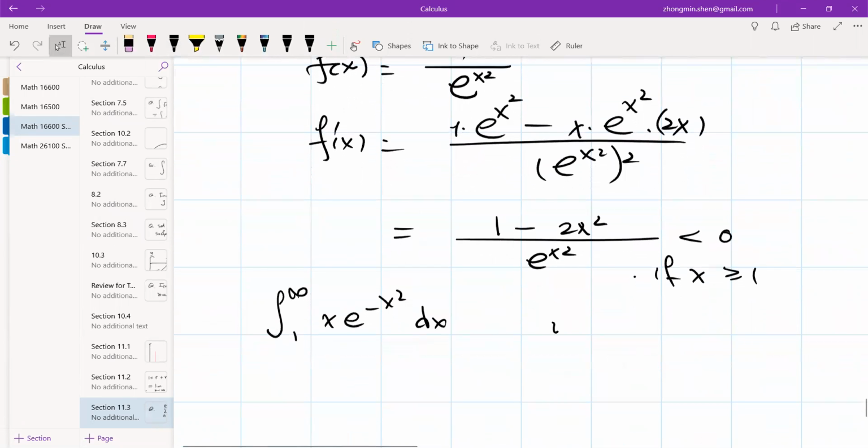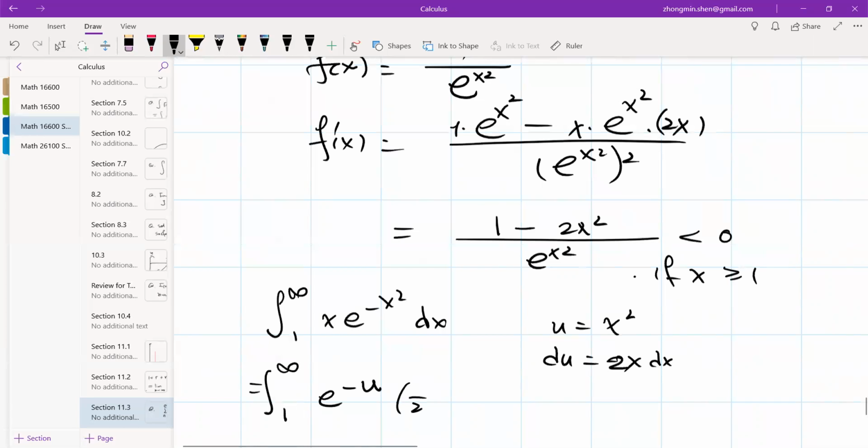You can use substitution. You can let u be x squared, so du equals 2x dx. When x equals 1, u is 1. When x equals infinity, u is infinity. So e to the negative u, and x times dx is half of du.